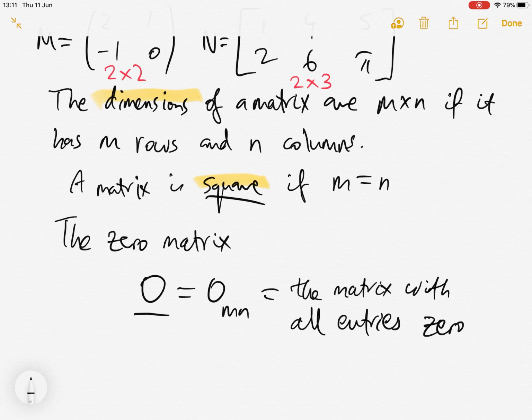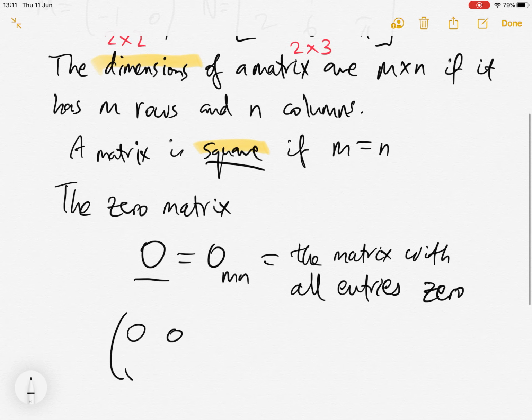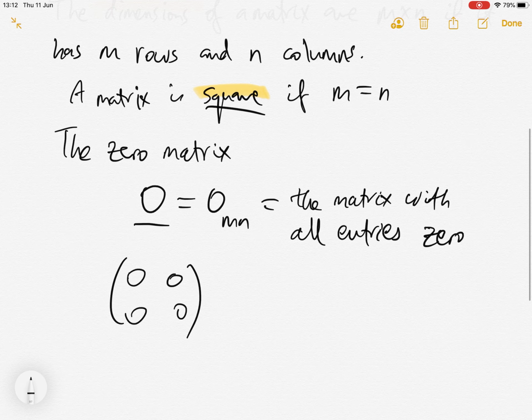So, for example, the 2 by 2 zero matrix is 0, 0, 0, 0. The 1 by 3 zero matrix is 0, 0, 0, and so on.